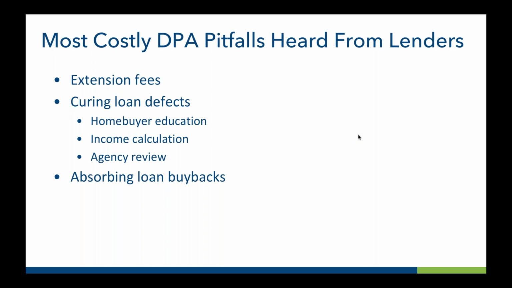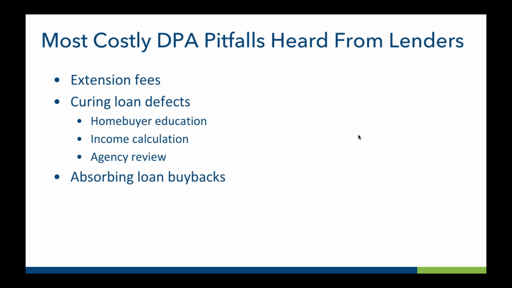Curing loan defects, like, for example, if a homebuyer education requirement existed but was not covered in the loan process, that can cause a defect that can be costly. Likewise, the income calculation methodology, if the wrong methodology was used, and a lot of those actually can relate to product changes.